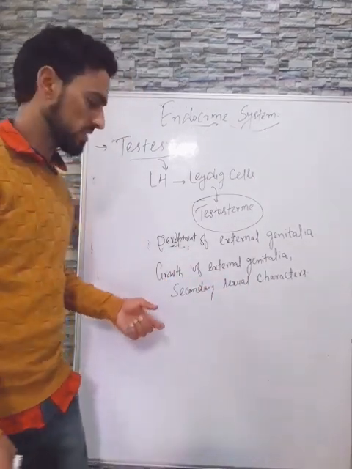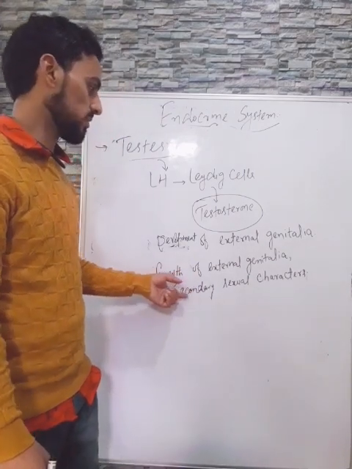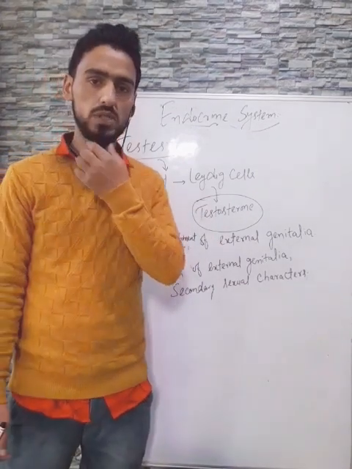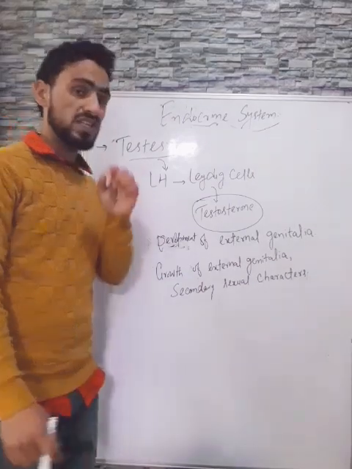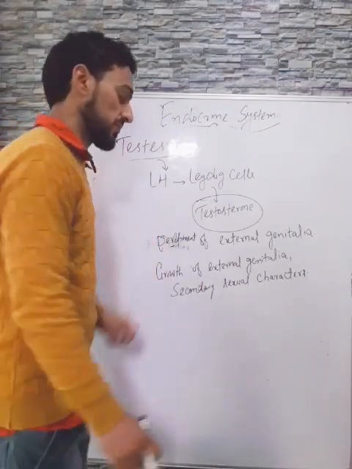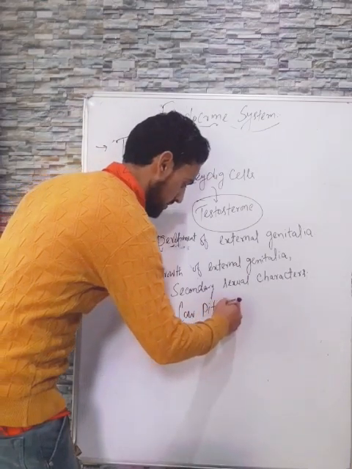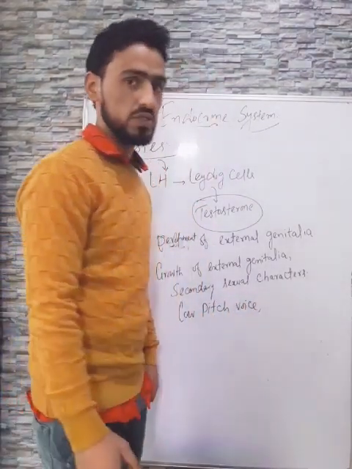In males, the secondary sexual characters appear because of the hormone known as testosterone. Like there is a growth of beard, a growth of mustaches, the development of a low pitch voice, the broadening of shoulders, and so on.